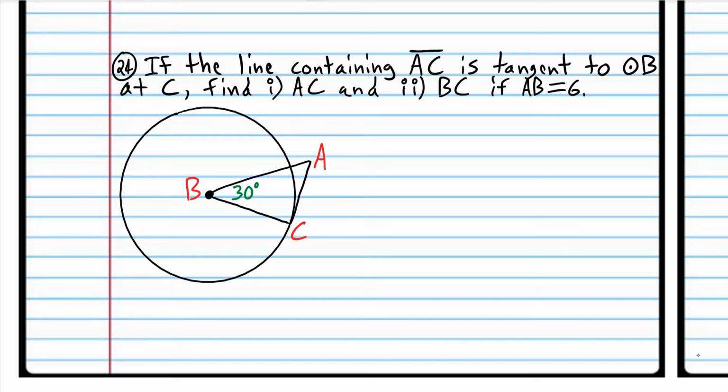So if this segment here is tangent to the circle at the point where this radius hits the circle, then we know from the perpendicular radius tangent theorem that this angle here must be a right angle.